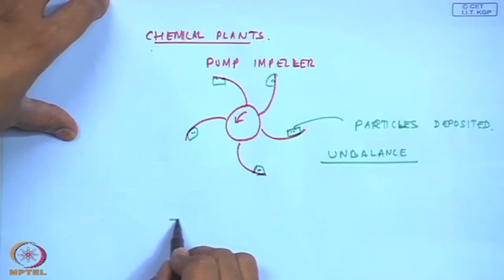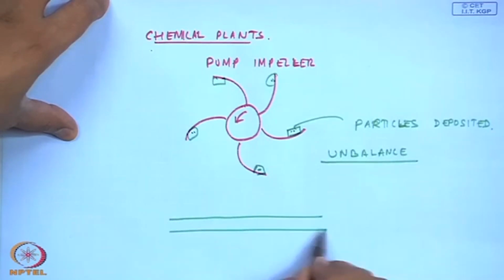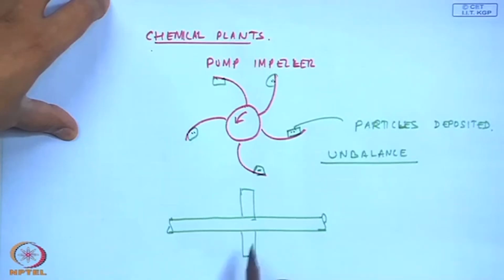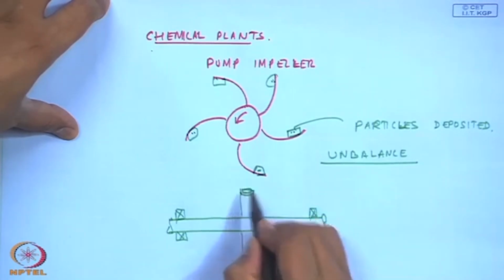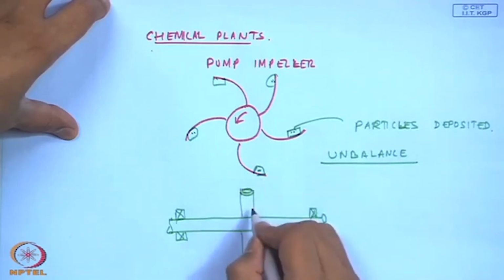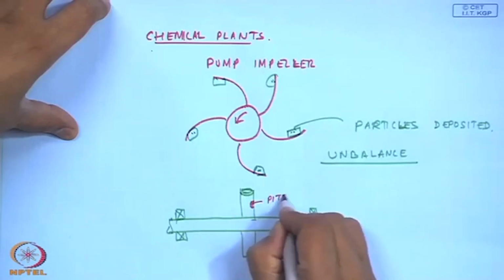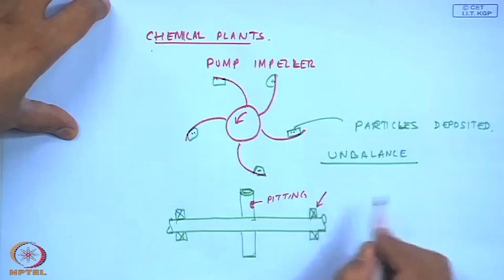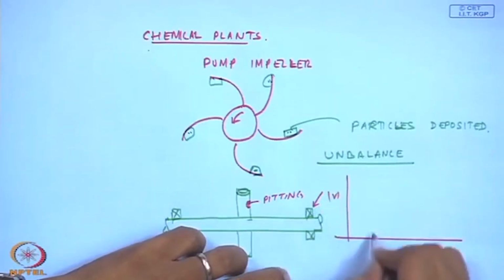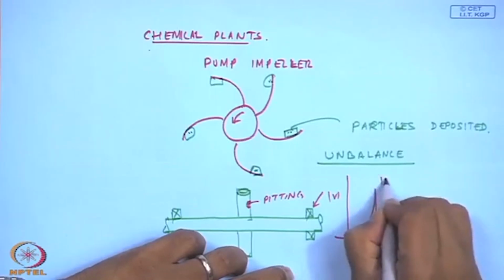So, if I have a shaft, either there can be unbalance, or there can be pitting. All these will give rise to the same problem which you see in the frequency of the vibration signal, a strong 1x component.